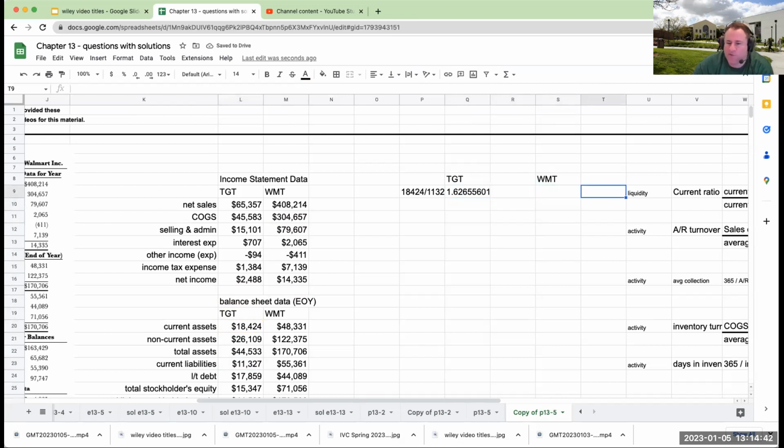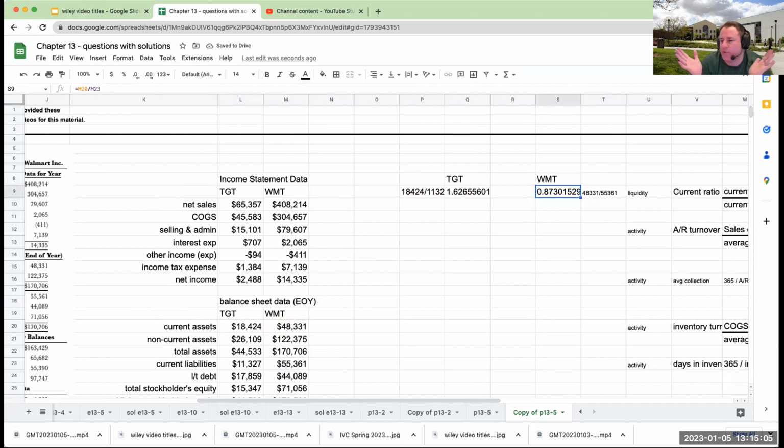For Walmart, this is going to be my current assets of 48,331 divided by my current liabilities of 55,361. So you take 48,331 divided by 55,361, current assets divided by current liabilities, and this is 0.87.